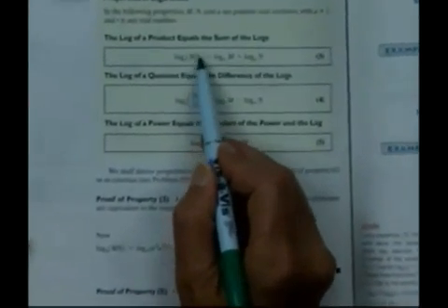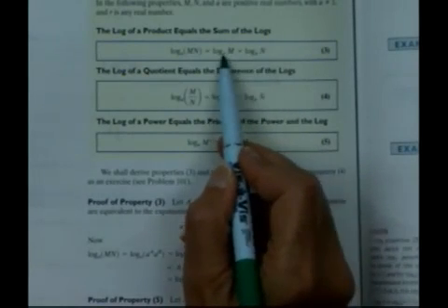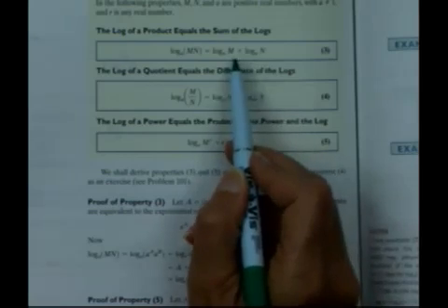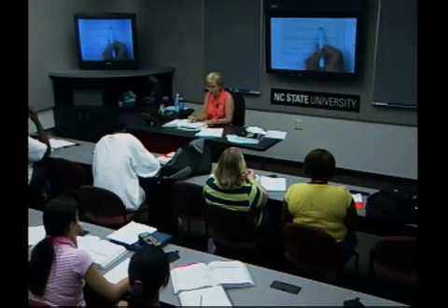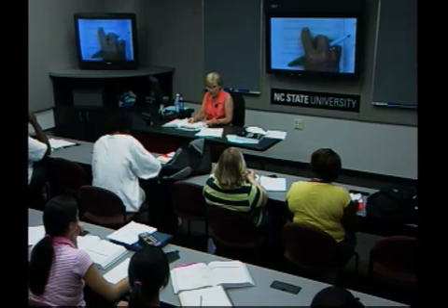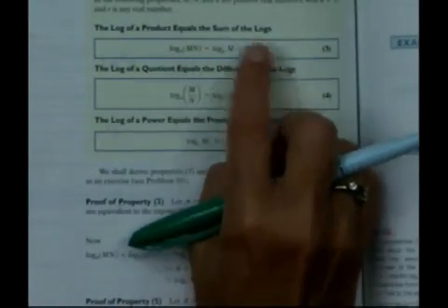Okay. And then, of course, yesterday we talked about those properties that when you have the log of a product, anybody remember why you added these two terms? What was the relationship here? We did a proof on this yesterday. Why do you know you're going to add when you multiply? Right, it was like when you converted to exponential form, and when you multiply with like bases, you add the exponents.